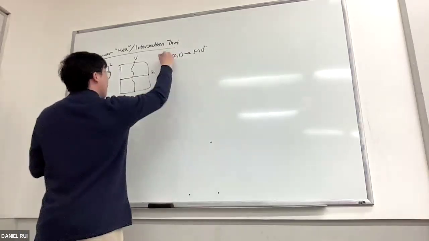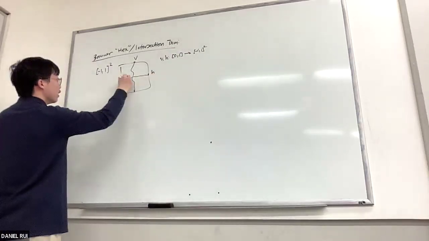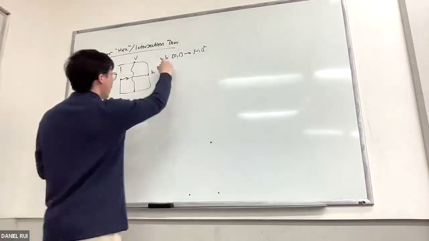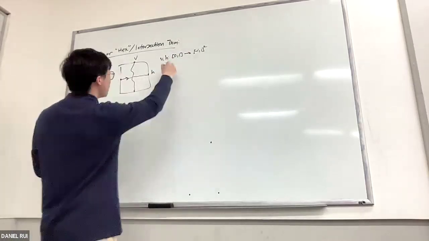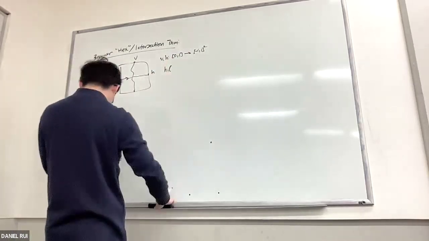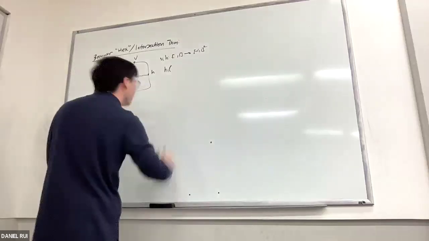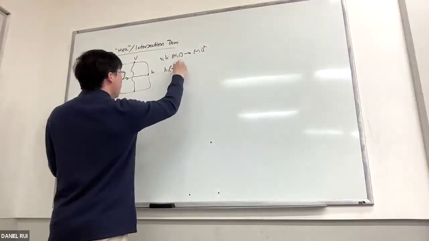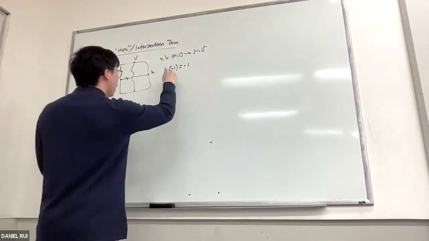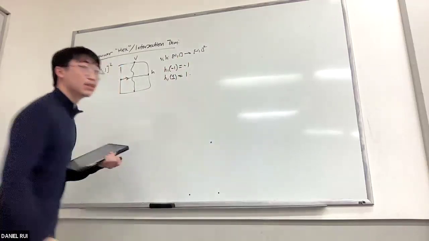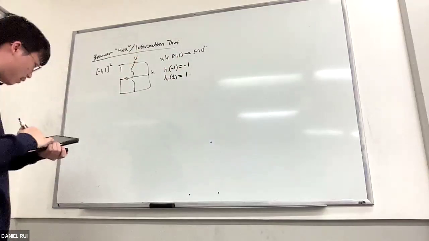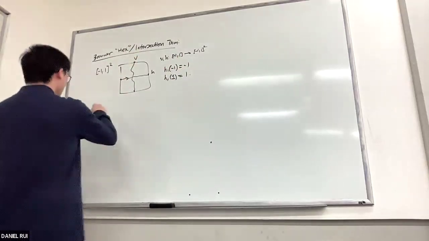I want H to start here and end here. In other words, I want H1, the x-coordinate of H, at time -1 to be -1, and H1 of 1 to be 1. There's a similar condition for V, which I will not write down.